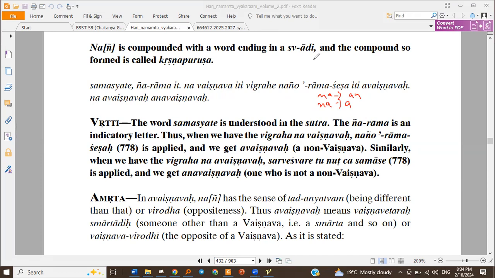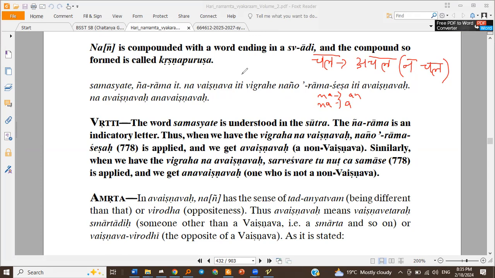For example, let's say Chala, and if I want to say the opposite of it, so that is Achala. So Achala can be glossed as Na Chala. This Na is Samas.